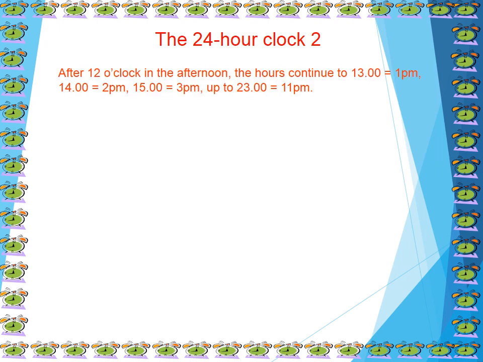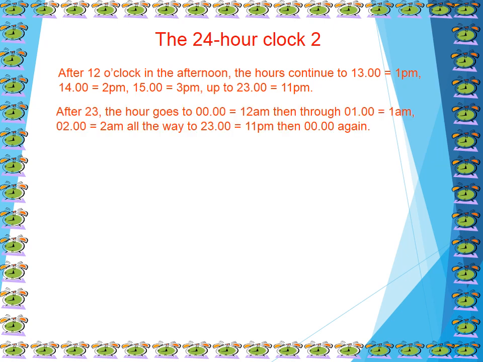After 12 o'clock in the afternoon, the hours continue to 13. 13 means 1 p.m. 14 equals 2 p.m. 15, 3 p.m., up to 23, which equals 11 p.m. After 23, the hours go to 0, which equals 12 a.m. Then through 1, which equals 1 a.m., to 2 a.m., all the way to 23, which equals 11 p.m. Then 0 again.